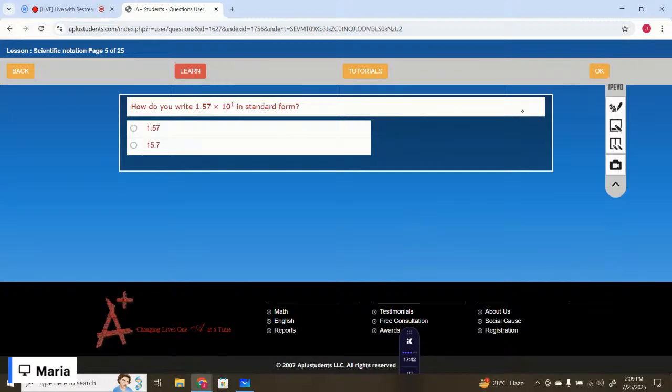You need to move the decimal point one place right. So that is 15.7. Option number 2 is the correct option.